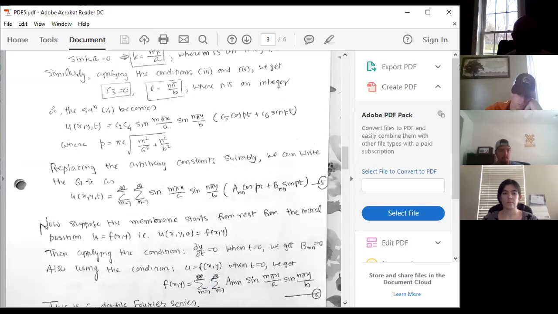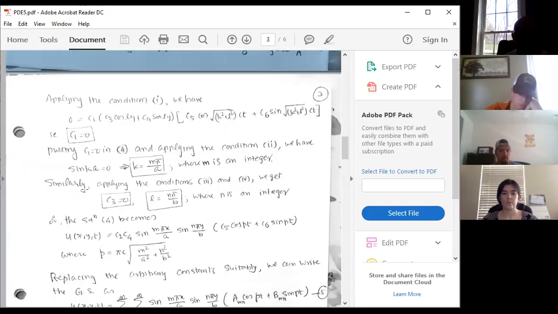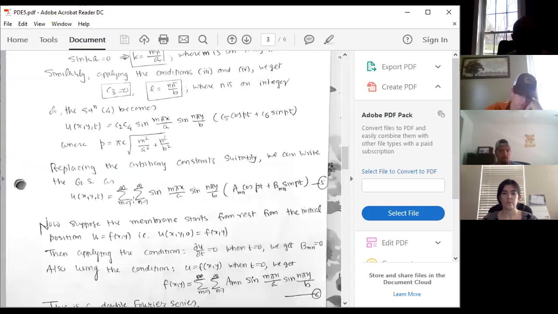If you plug all this in, replacing the arbitrary constants suitably, we can write my general solution u(x,y,t), my first solution, as the summation of sine m pi x by a, sine n pi y by b, times A_mn cosine pt plus B_mn sine pt, where A_mn and B_mn replace the constants C2, C4, C5 and C6.